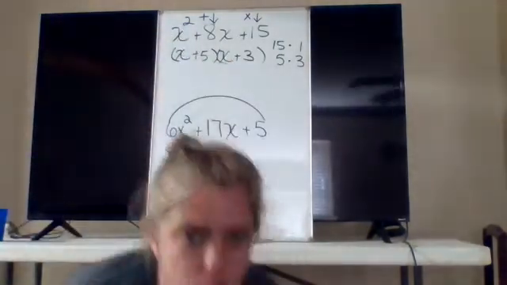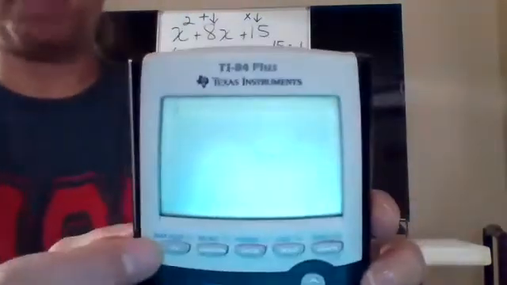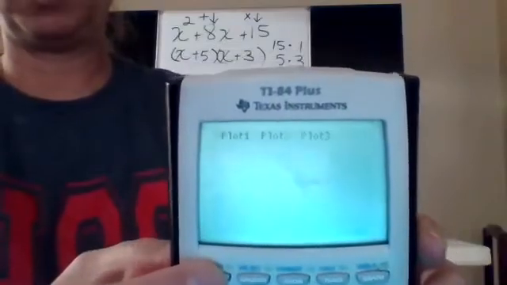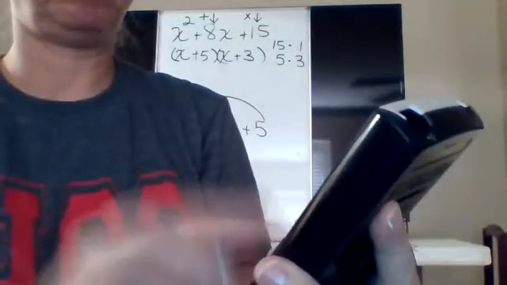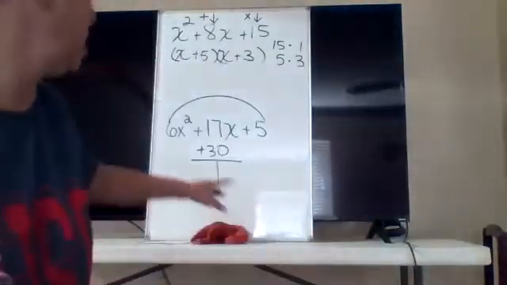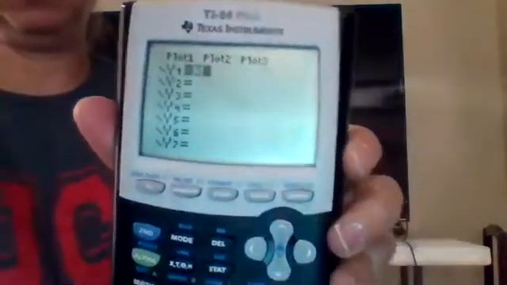So if you wanted to use your calculator to come up with that, remember we did this calculator method, you would go to your y equals button, clear out whatever's in there, put in whatever this number is, which is a positive 30.